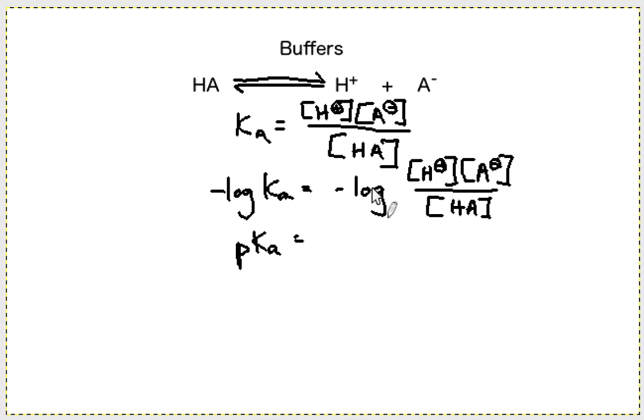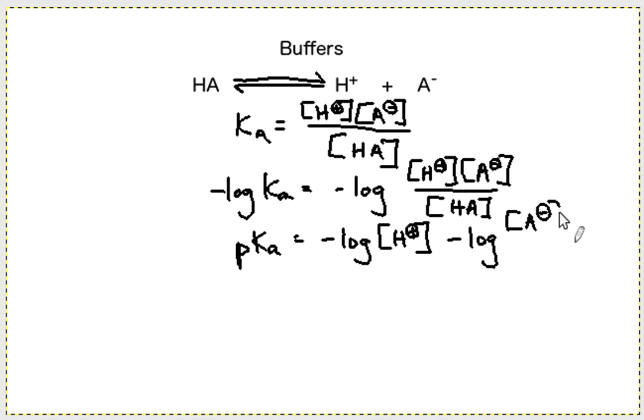Now, mathematically, when you take the negative log of a ratio like this, what we can do is say that this is equal to the negative log of H+, and we can separate it from the rest of this ratio, minus the log of A- over HA.